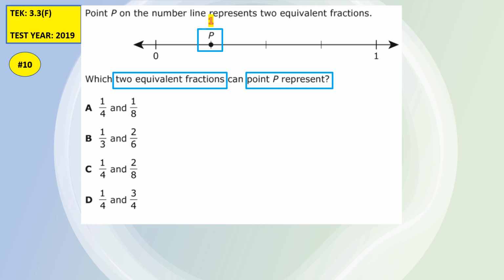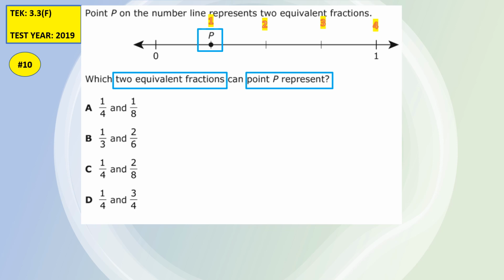My first one where point P is, that would be 1. The next one would be 2. The next one is 3. When I get to 1, it's 4. So it's 4 spaces. 0 to 1, 1 to 2, 2 to 3, 3 to 4.